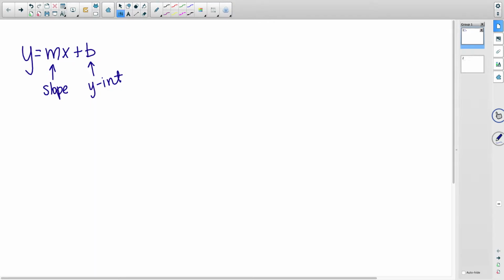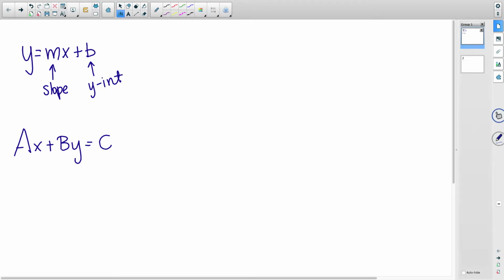The next thing you're going to use is standard form, and that is ax plus by equals c, and a has to be a positive whole number, so it can't be negative and it cannot be a fraction or a decimal. And you need to be able to go back and forth between slope-intercept and standard.